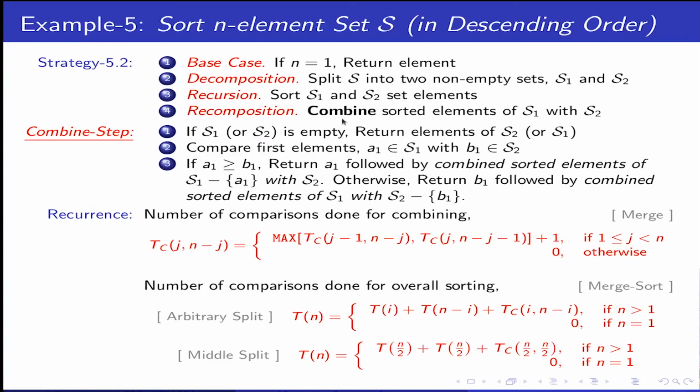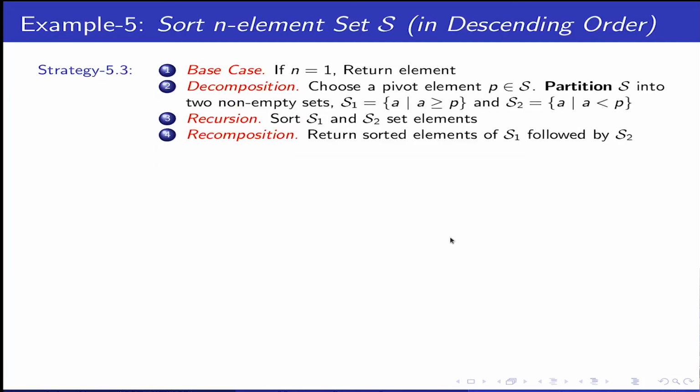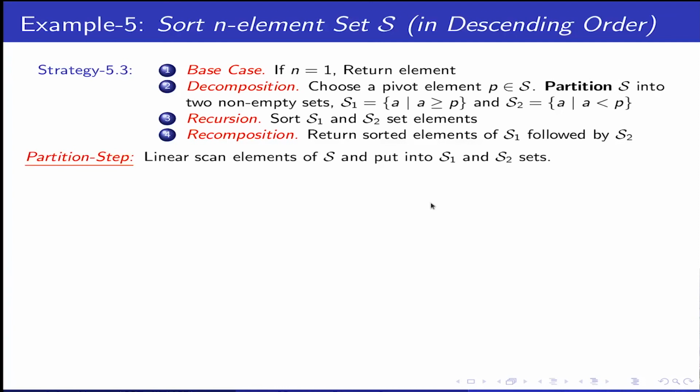Unlike the previous case where your combine step is hungry and gives you this part in the recurrence, your decomposition step is just splitting with no comparisons. Here you can easily see your partition step, the decomposition phase, is the hungriest, whereas your recomposition just reveals whatever you get, with no comparisons.